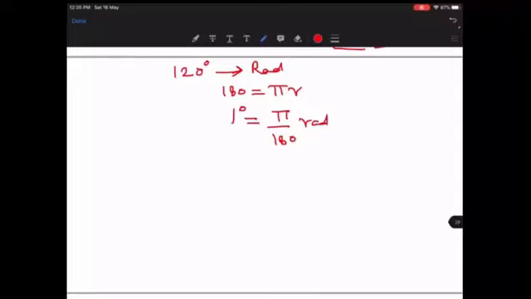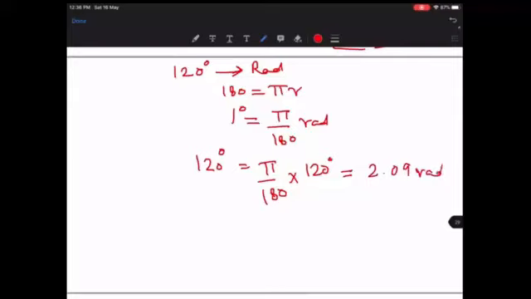Now if I want to calculate for 120 degrees, I can write pi upon 180 into 120 degrees. If I solve this, I will get 2.09 radians. So 120 degrees will be 2.09 radians.